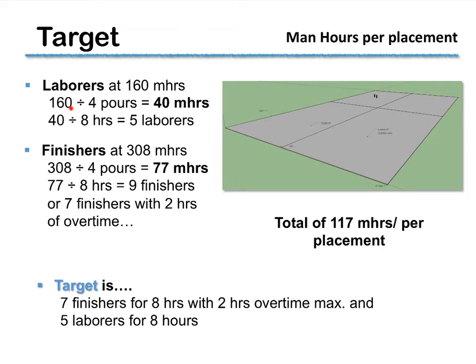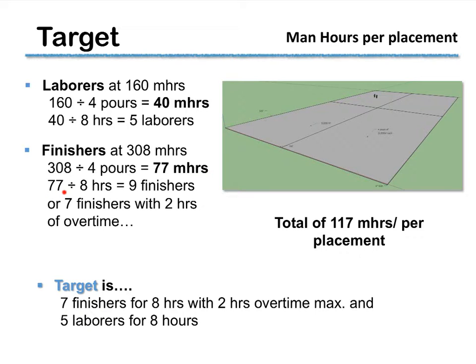We have 160 man hours, 4 pours, so you divide 160 by 4 and you get 40 man hours per pour. If you break that down into an 8-hour labor day, that gives you 5 labors for each pour. The finishers have 308 man hours divided by 4 pours, gets you 77 man hours per pour.